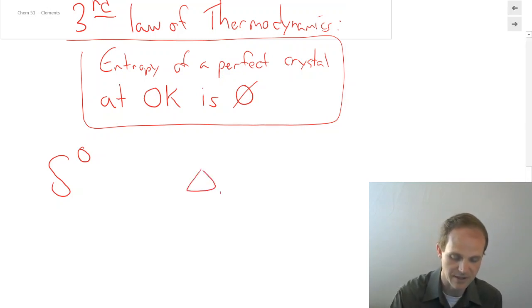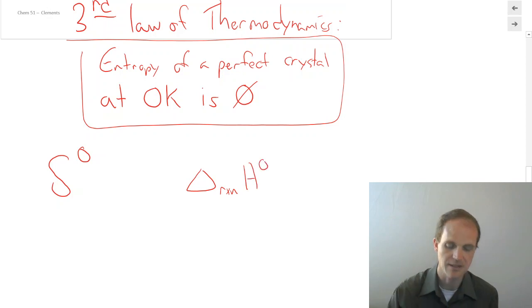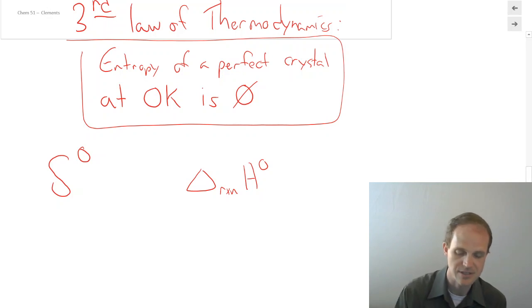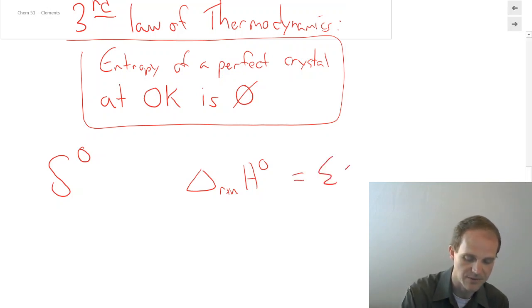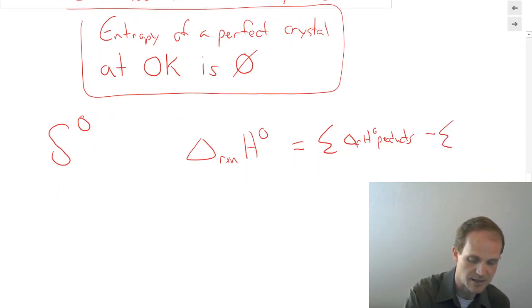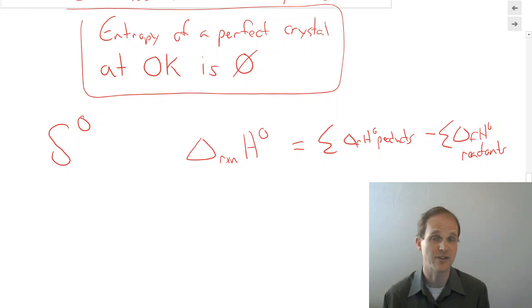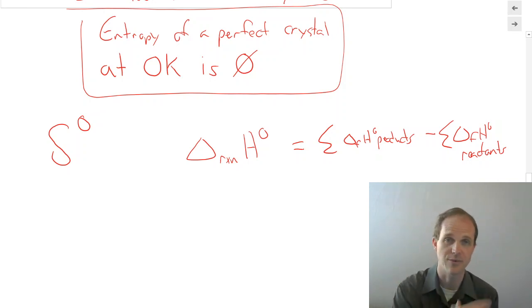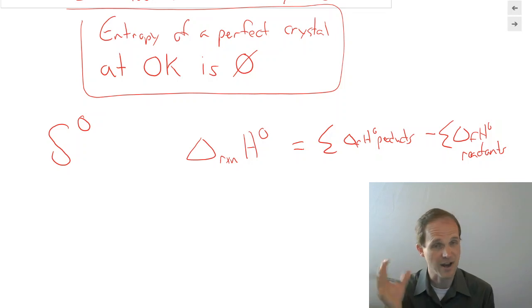So remember, when you're trying to calculate the reaction enthalpy at standard conditions, that's what that little circle means, that's just going to be the sum of the enthalpy of formation of your products minus the sum of the formation enthalpies of your reactants, all multiplied by their stoichiometric coefficients, right? So if you had 3 of something, you'd take 3 times the enthalpy of formation. So that's just products minus reactants.